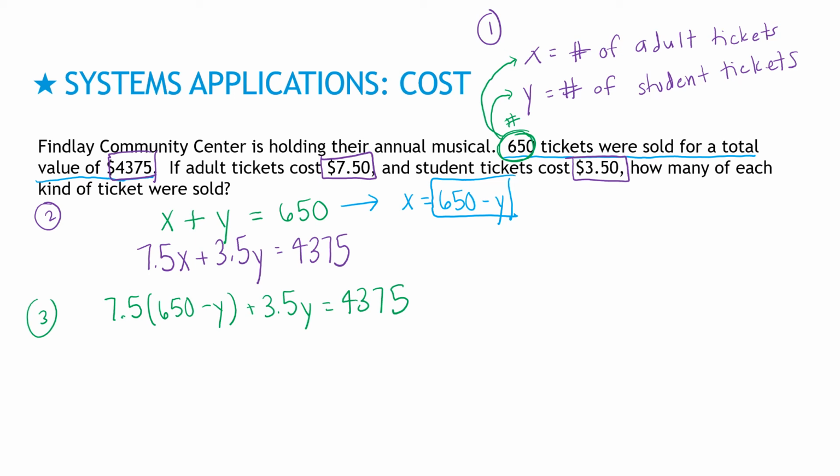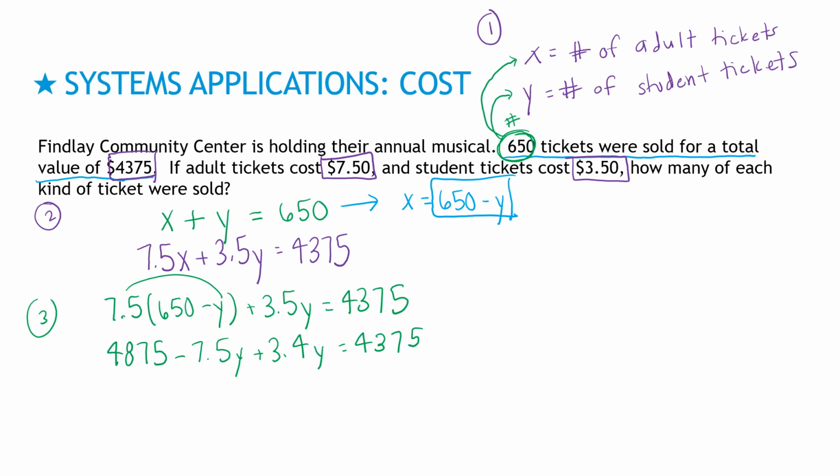Now I'm going to get my calculator out and take 7.5 times 650 to get 4,875. I'm going to distribute the 7.5 to the minus y, and then basically just recopy everything else.